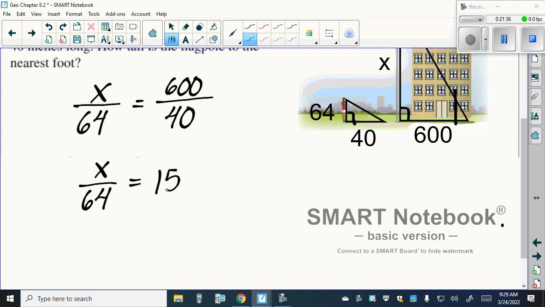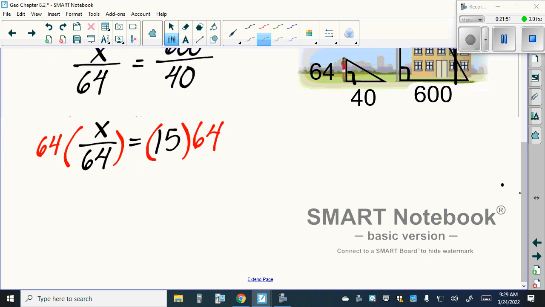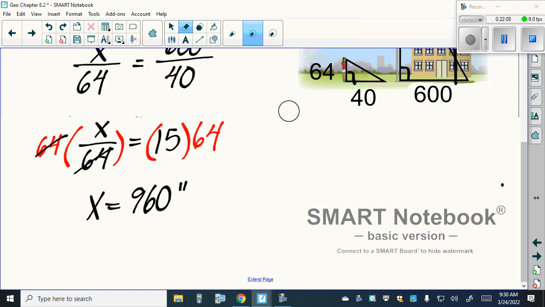So we can do 600 divided by 40 and get 15. What would we do next? Multiply both sides by 64. Well, here 64 and 64 would cancel, leaving x by itself. Yes, because that would be 960 inches.